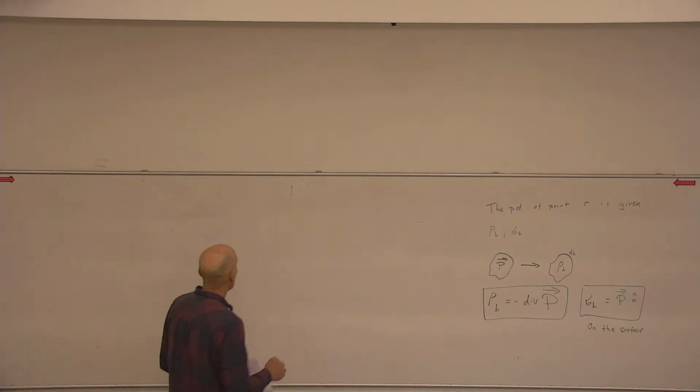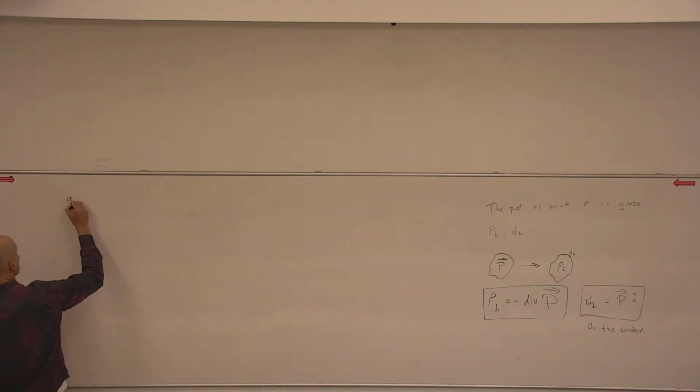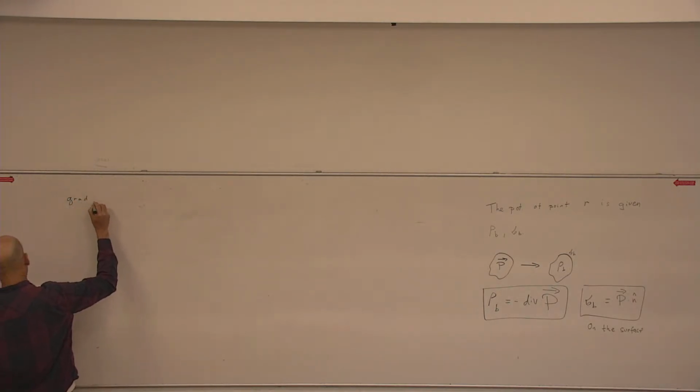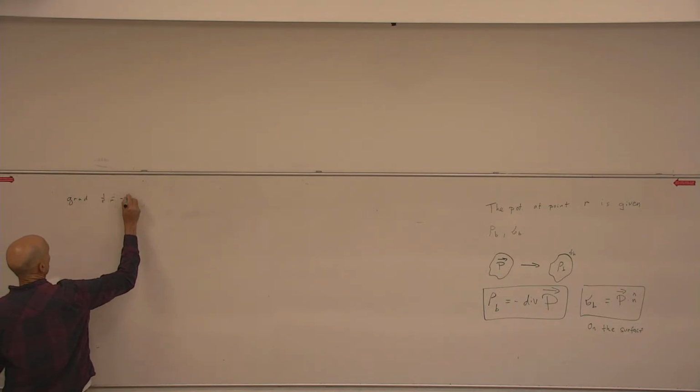Okay, so we are going to use two simple identities, which most likely you know. The grad of 1 over r is r hat over r squared.